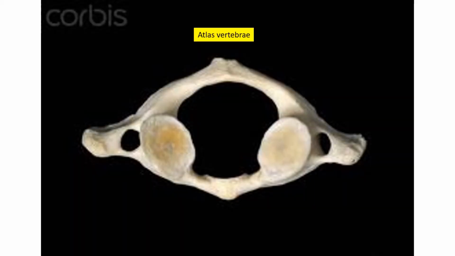This is the first cervical vertebra, and it is called the Atlas Vertebra. Is it special? Yes, it is special. Why is it special? Because it is going to receive the skull sitting on it. The skull has 2 condyles, and these 2 condyles need 2 facets to accept them and make a joint.